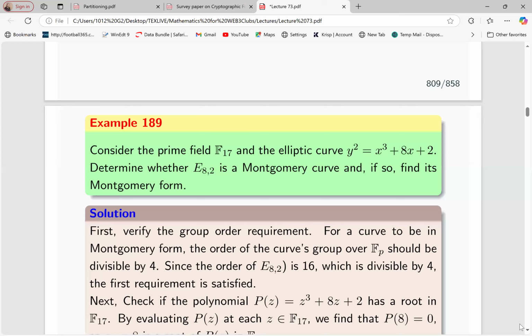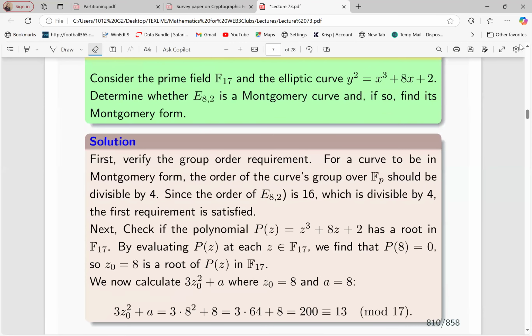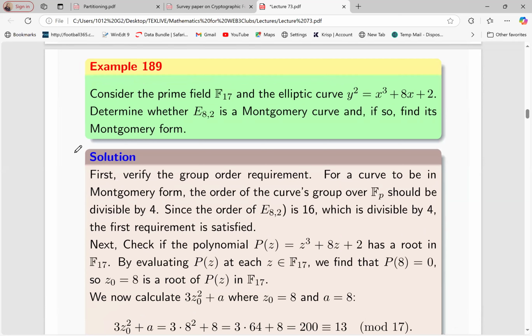Now, we look at this example. We've been given the prime 17, the field F17, and the elliptic curve, this short Weierstrass form.